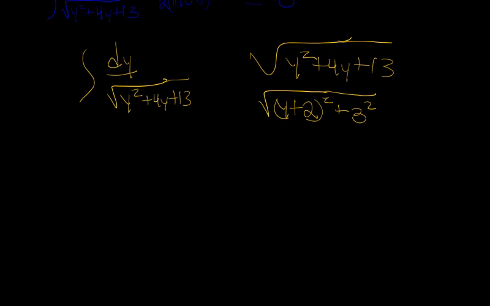So this could all be simplified to y plus 2 quantity squared plus 3 squared, and then I can make a convenient triangle here. So let me make this triangle. Here my opposite side is y plus 2, my adjacent side is 3, and my hypotenuse is the root of y plus 2 squared plus 3 squared. Hopefully that's neat enough. And this is my angle theta.